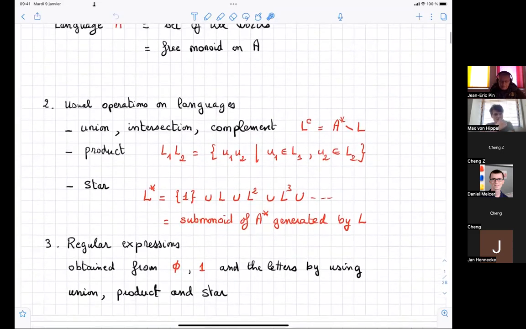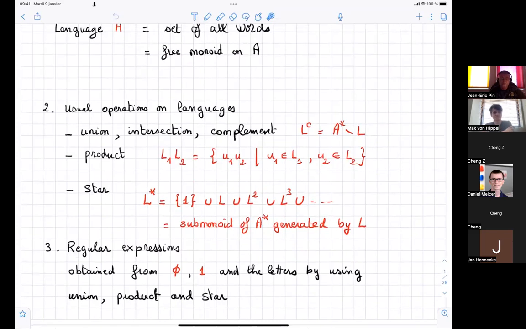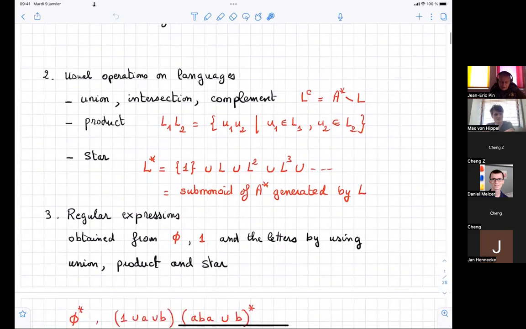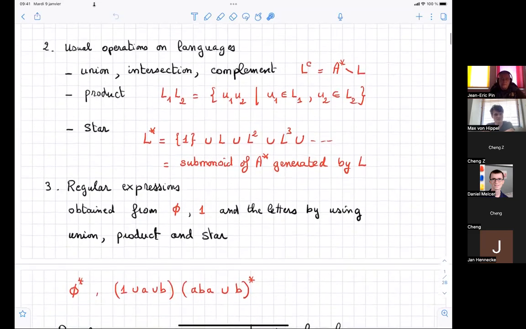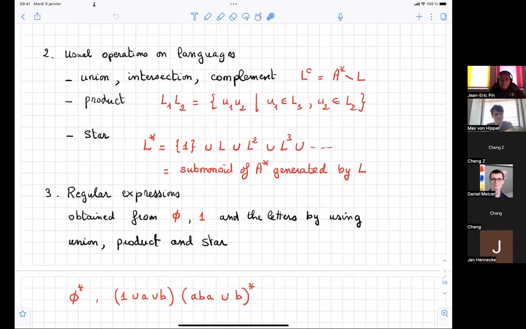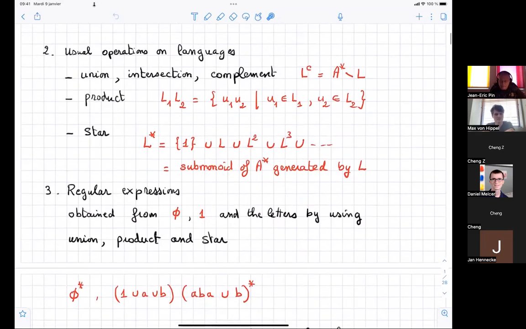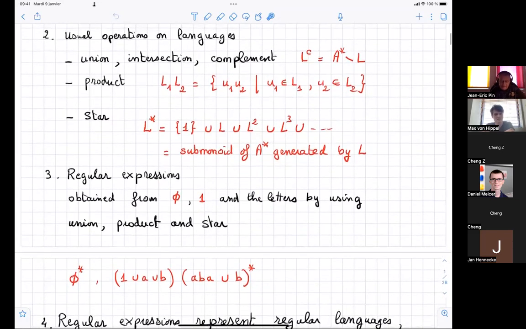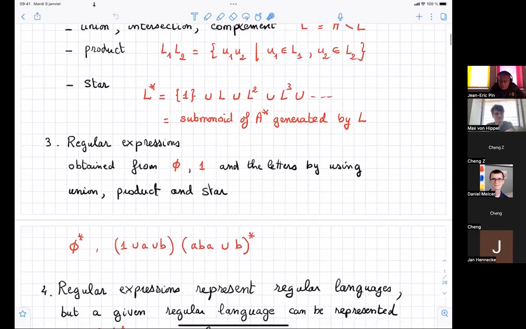So what are the regular expressions? You probably also know what they are. You start with the empty set or with the expression reduced to the empty word. You could also start from the letters, so in my case, a and b. And then you are allowed to use union, product, and star as operations. So here are three examples: empty star, and this one, where I use union, product, and star. And these regular expressions represent regular languages.